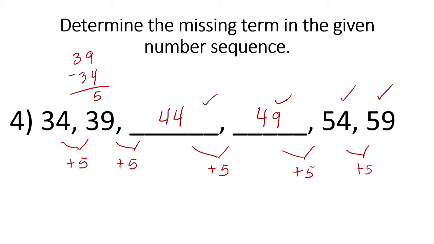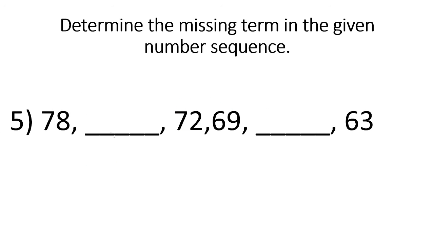Okay, next. Number 5. Itong sequence naman ito, wala tayong first two terms. So kunin natin yung nasa gitna. Kung mapapansin natin, pababa siya, 72 and then 69. So 72 minus 69 is 3.